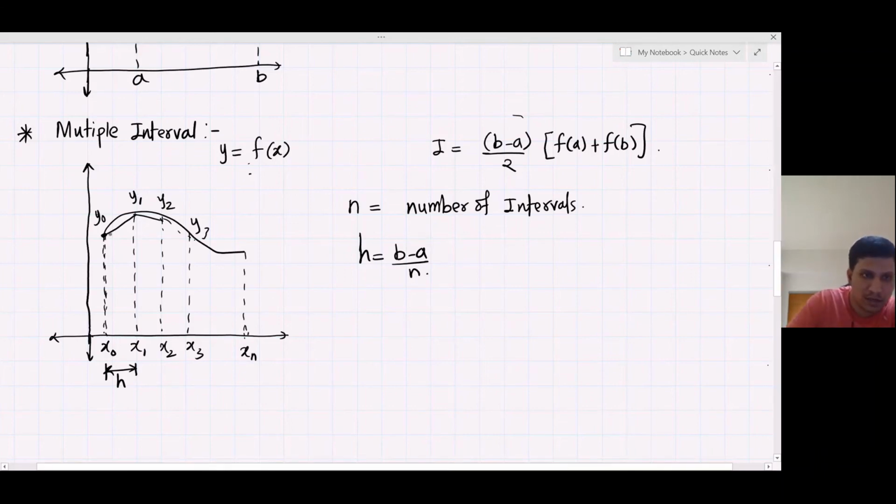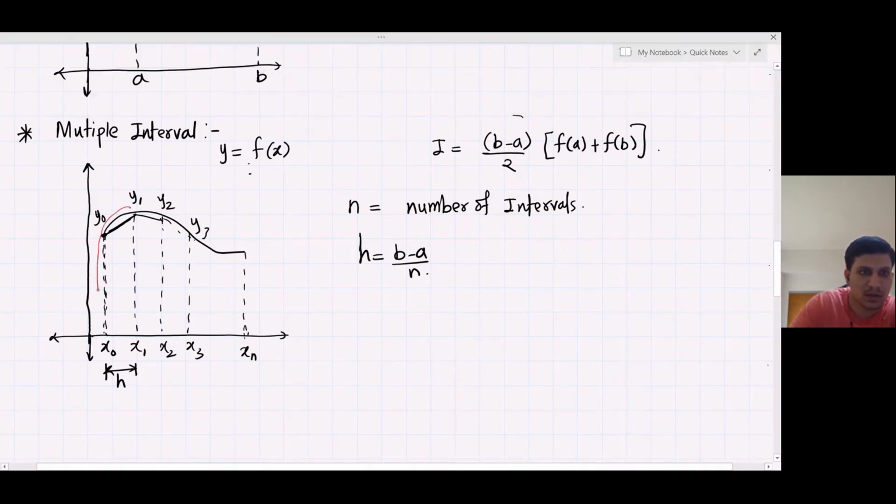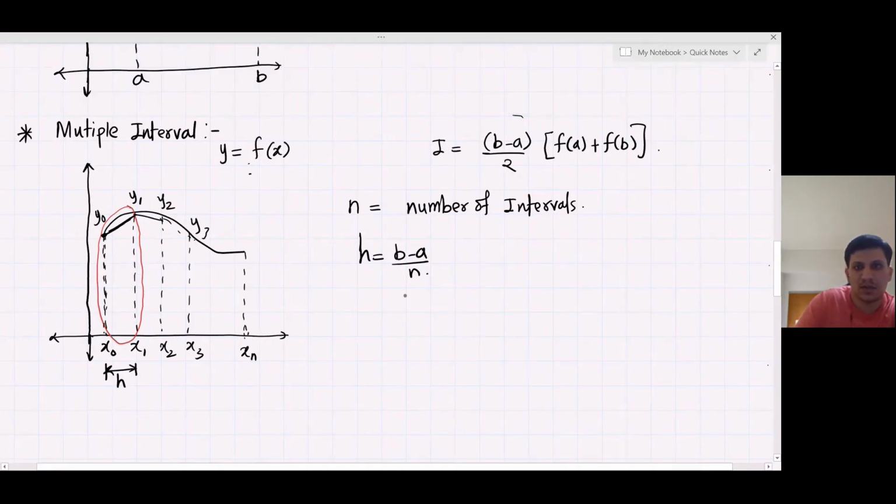Now consider only the first trapezoid. How can we write the area under that trapezoid?